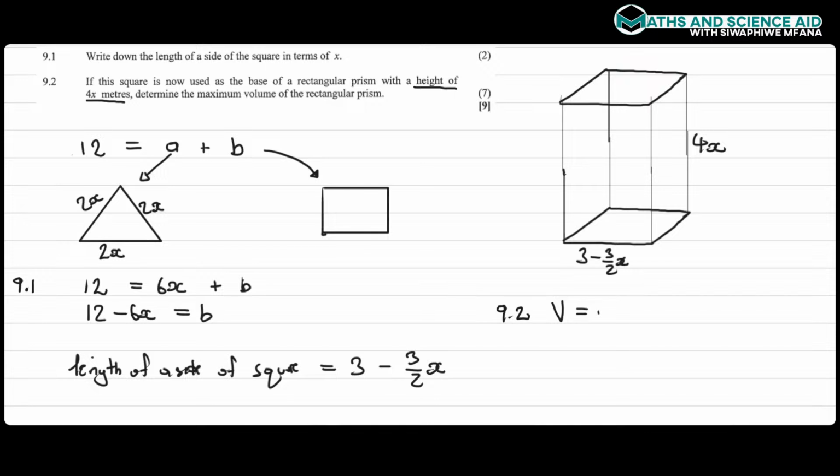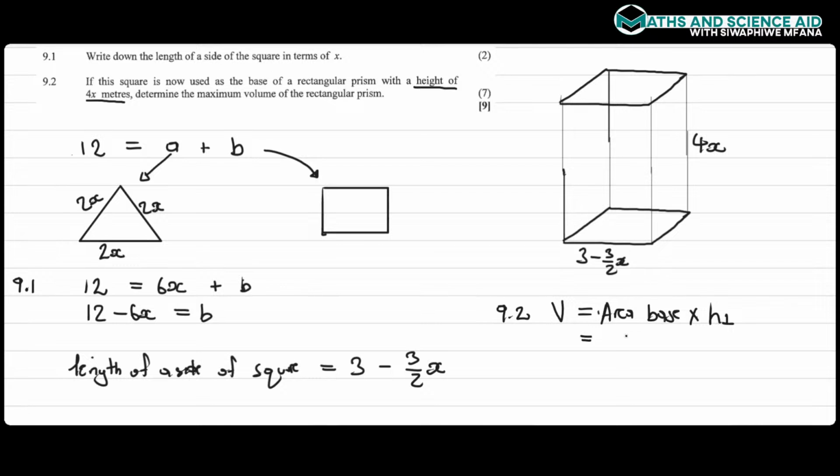Firstly, we know that for a rectangular prism like this, the volume of a prism is always the area of the base multiplied by the perpendicular height to that base.